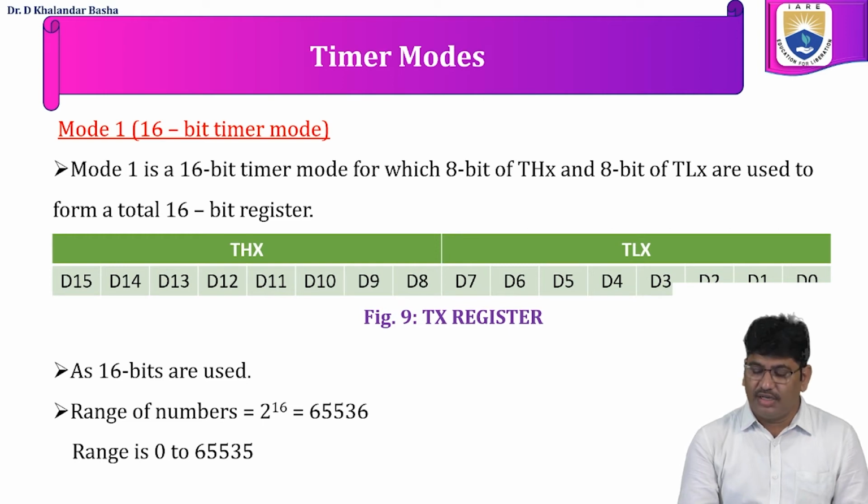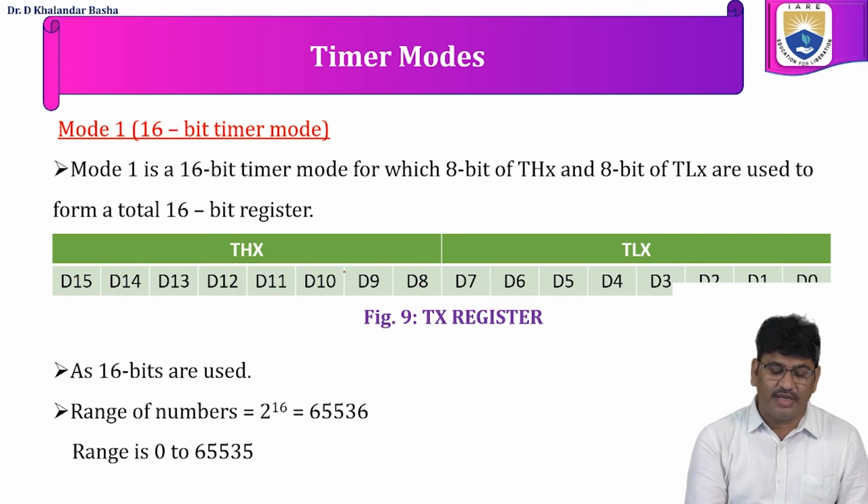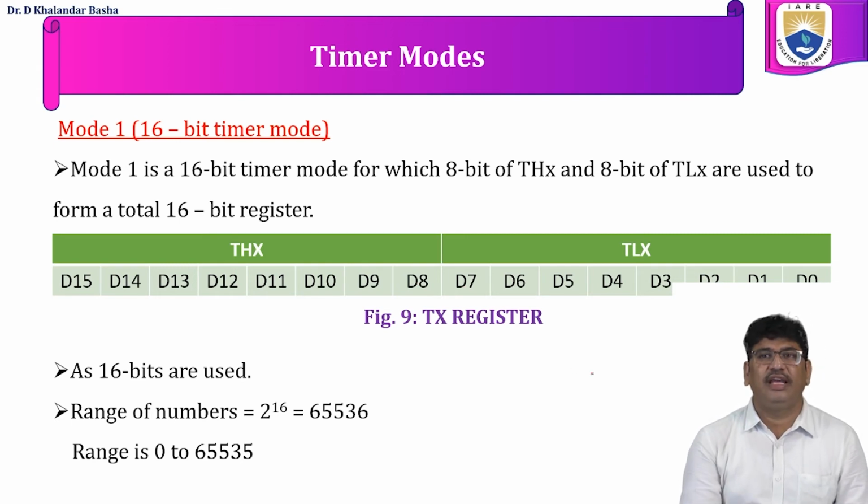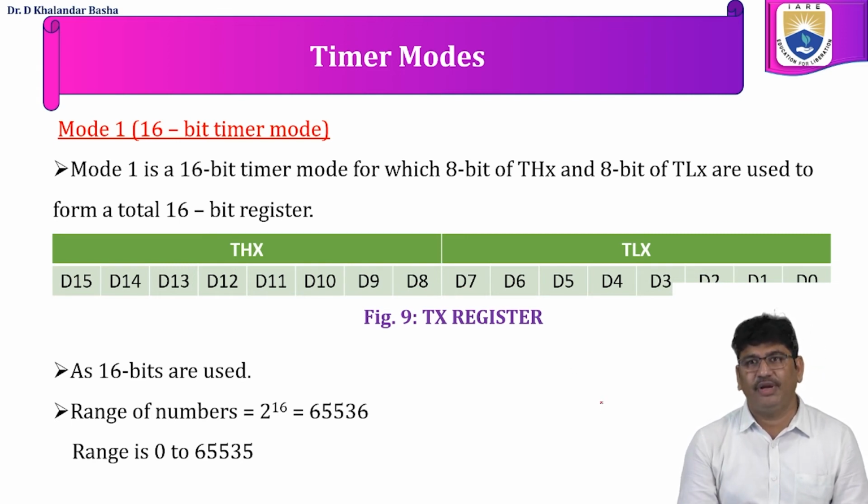In the count, the lower 8 bits are loaded into TLX, the upper 8 bits are loaded into THX out of the 16-bit TX register. So here also, if it is timer 0, T0 register, for timer 1, T1 register, which is having two 8-bit registers.